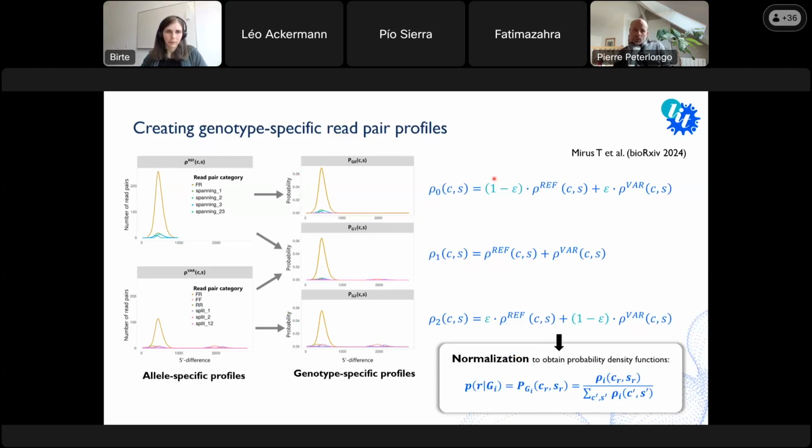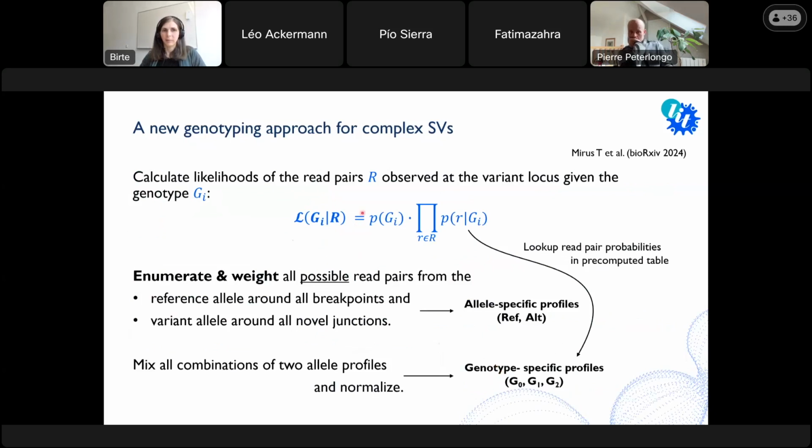For the reference genotype, we just use something close to 1 times the reference profile and something close to 0 times the variant profile, the opposite for the homozygous variant genotype, and for the heterozygous genotype, we just add the 2 profiles in equal parts and then normalize this genotype-specific profile to obtain the probability distribution, the probabilities we're interested in for calculating our genotype likelihoods.